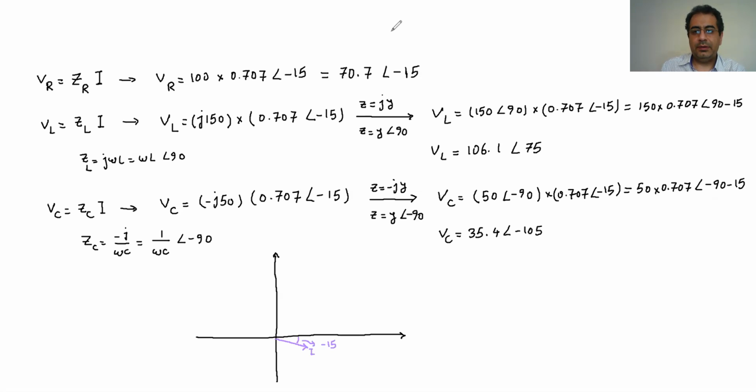So I'm going to draw the VR in a different color, with exactly the same angle as the I but a different magnitude.